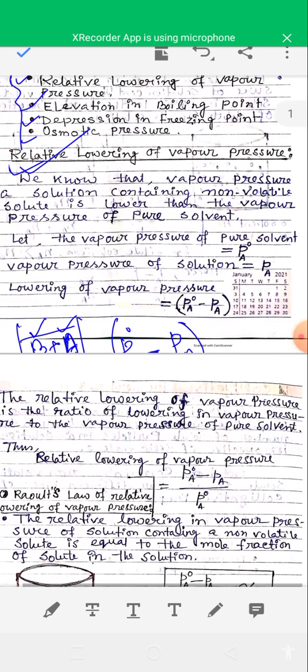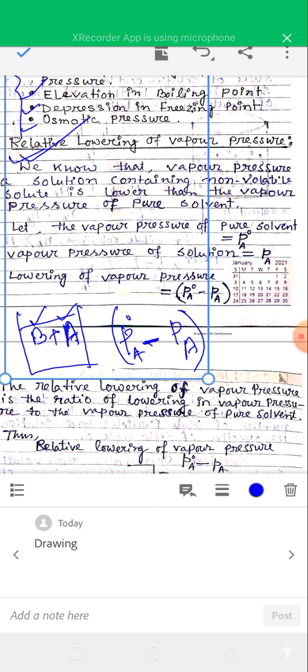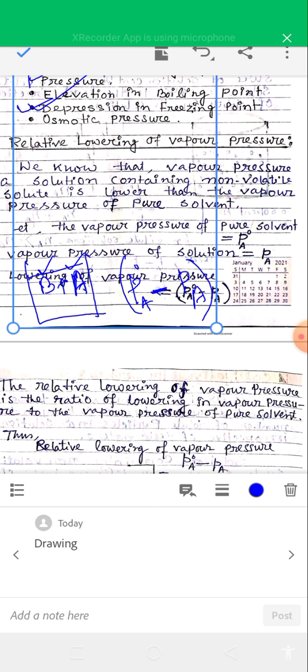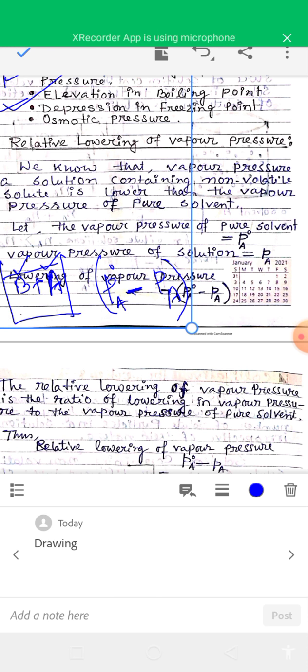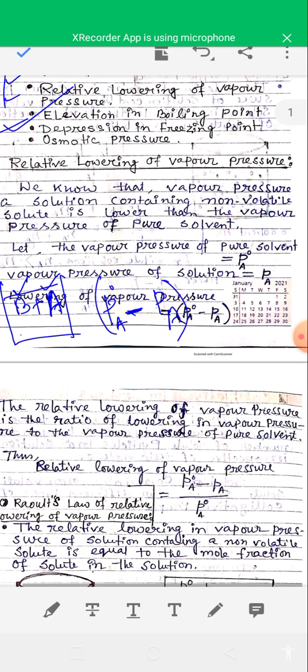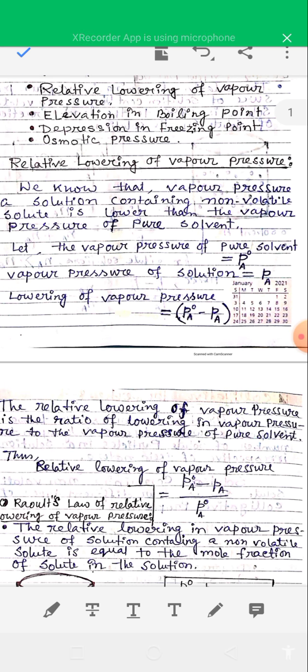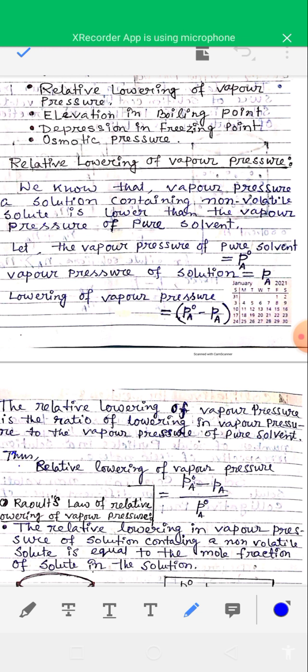Now, what is relative lowering of vapor pressure? If you divide this lowering of vapor pressure, that is PA naught minus PA, by the vapor pressure of pure solvent, that is PA naught, then this term is known as relative lowering of vapor pressure.